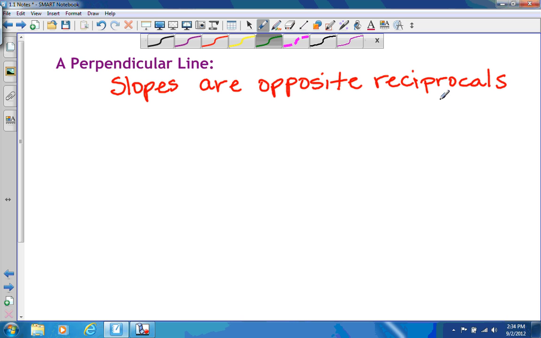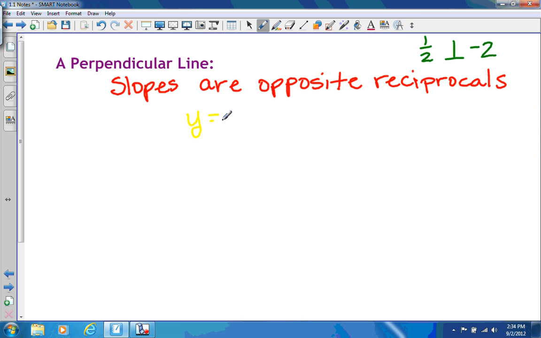So, for example, if we had the slope of a line being a half, the perpendicular line would be a negative 2. Again, using our line that we had before, y equals a negative 5 halves x plus 128, the slope of our perpendicular line is going to be a positive 2/5.